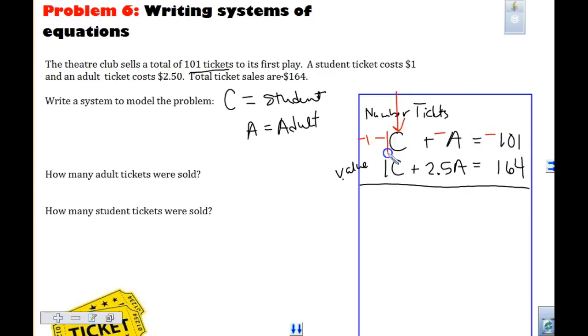And if I did that, I now would have 1.5A equals 63. And when we divide, not 6.3, but 63, and when I divide 63 by 1.5, I sold how many adult tickets? You probably take out your calculator to solve that. How many? 42.